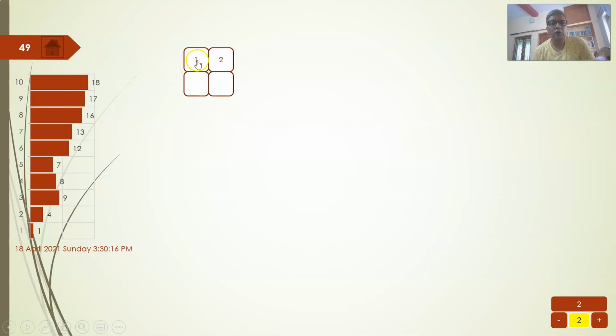The third cell has to be distinct from 1 since it is in the same column, and also distinct from 2 because it is in the diagonal. So 3 comes here. Now the fourth cell cannot be 1 because it's in the same diagonal, it cannot be 2 because it's in the same column, and it cannot be 3 because it's in the same row. So it has to be 4. So for a 2 by 2 grid, you need n square digits.